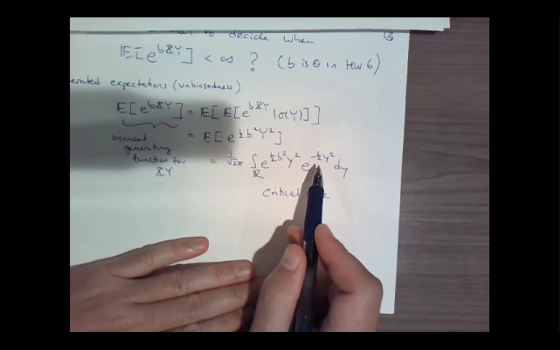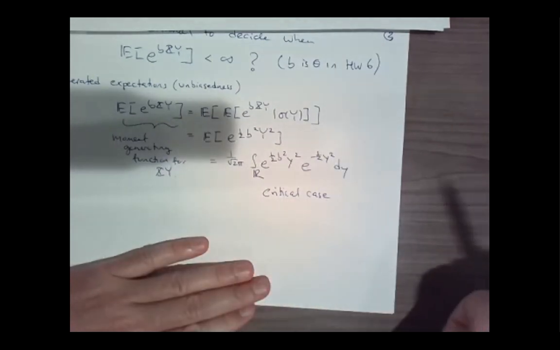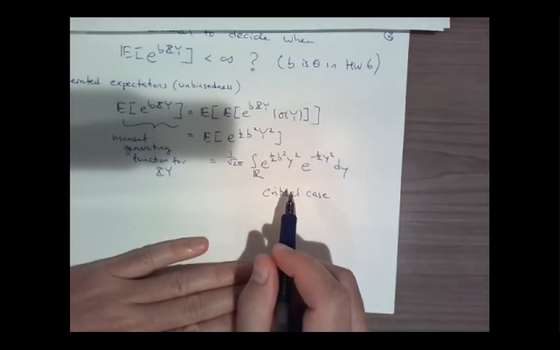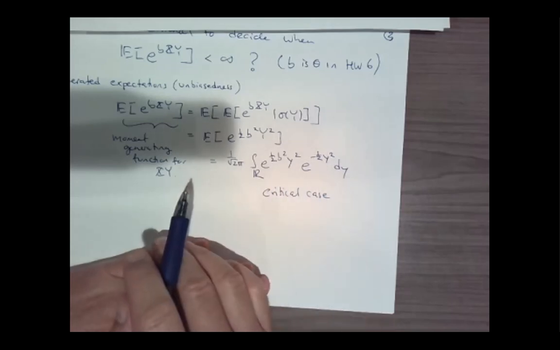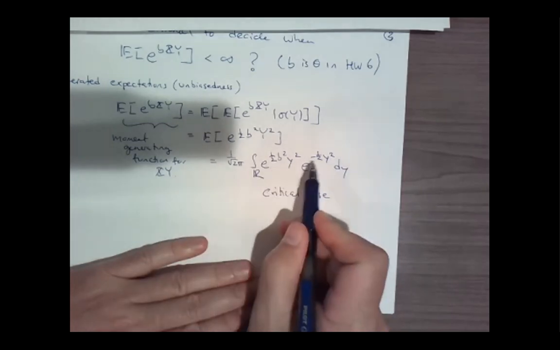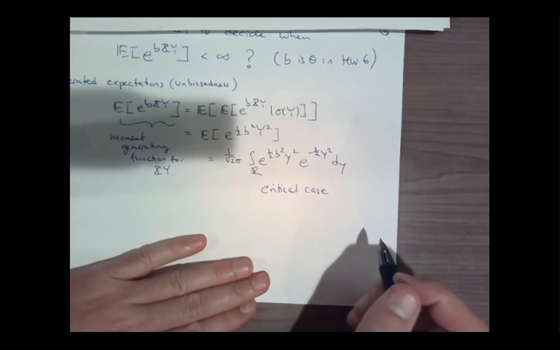Oh, I thought you were referring to the first homework. I don't think we had this, but it's similar to what you were doing in the first homework. There was a different function you were studying. But you have to look at the function in here. What's the critical case? What are the critical values for b?